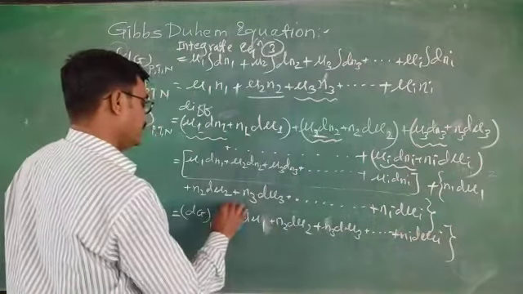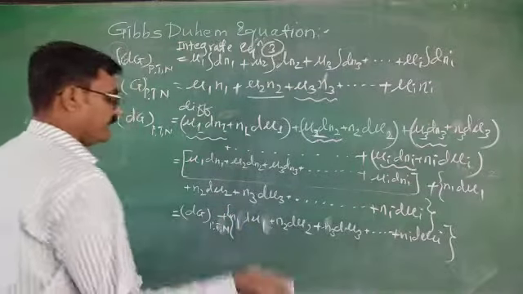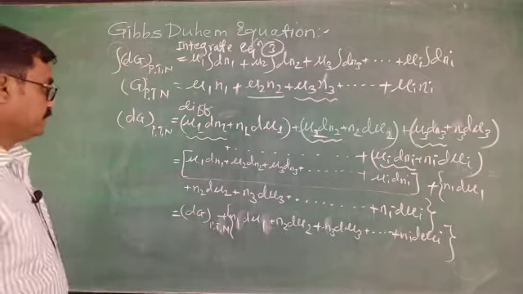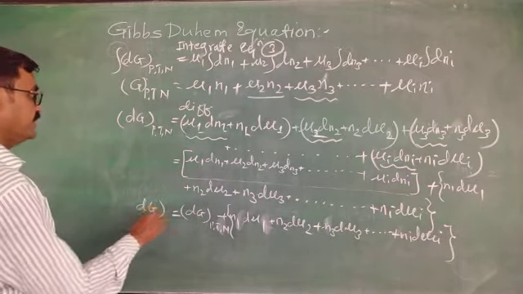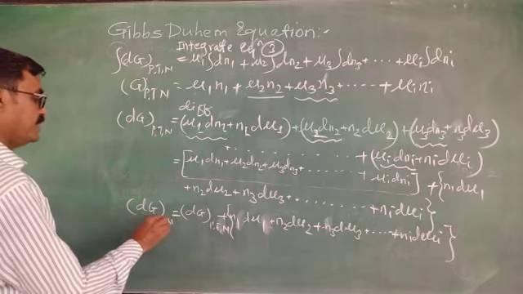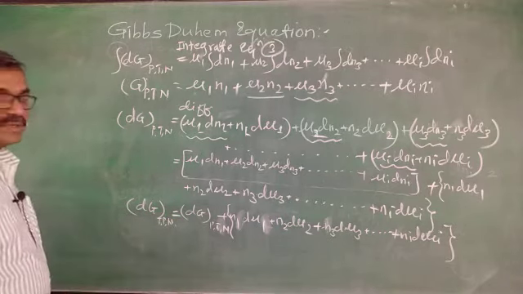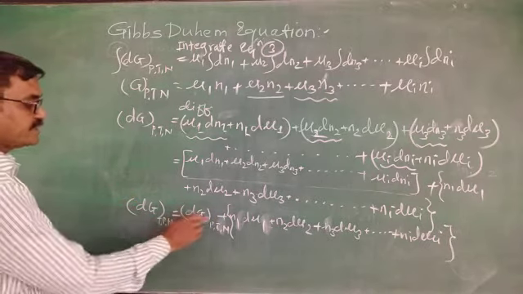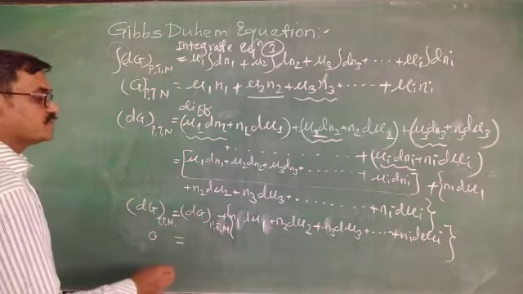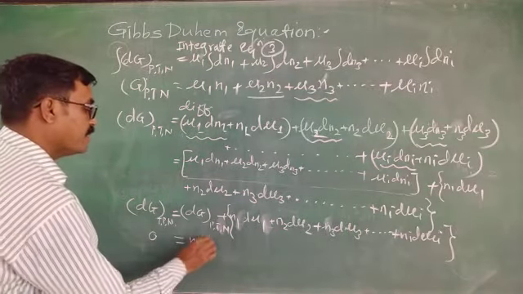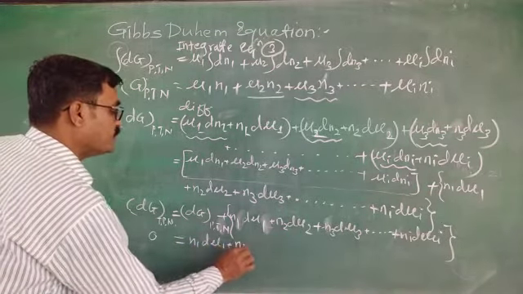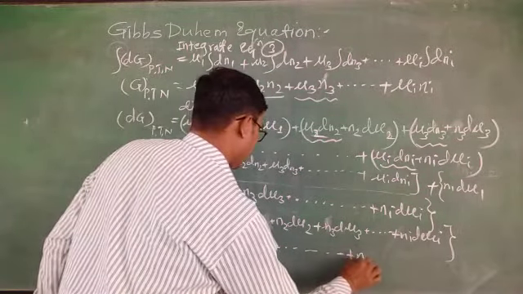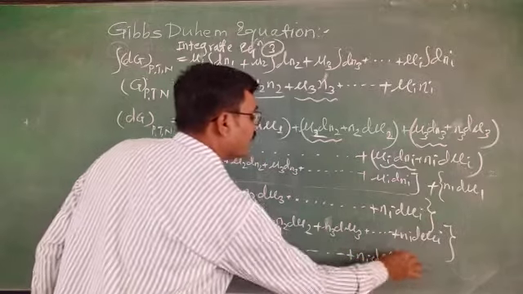This remains as it is, but initially we saw this equation is nothing but this one. Now the left hand side is dG at constant pressure, temperature and number of constituents. Now these both are the same. On the left hand side, dG minus dG will be 0, that is equal to n1 d mu1 plus n2 d mu2 plus and so on, last term ni d mu i.